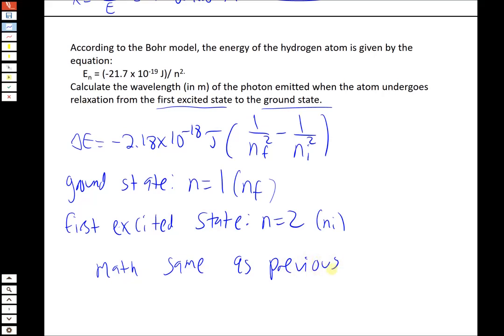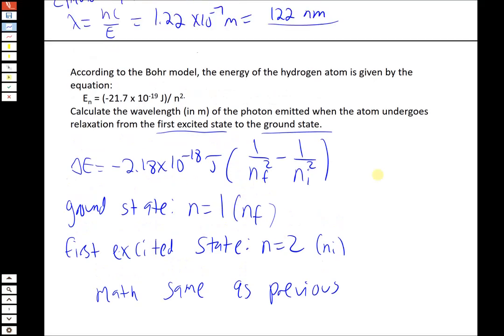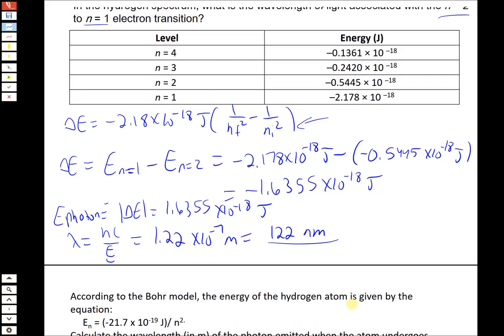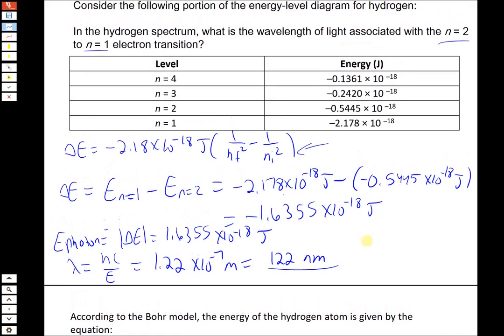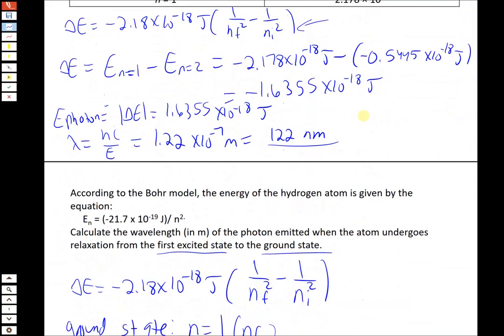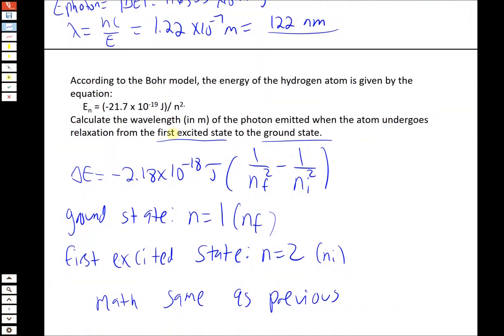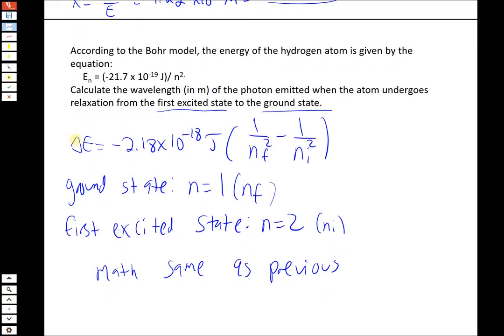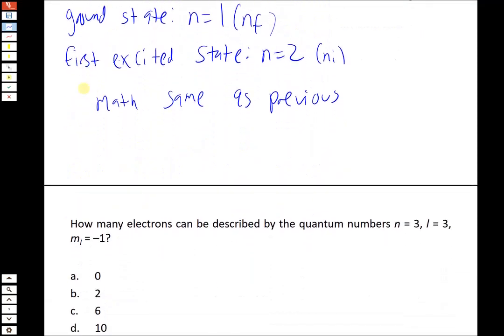But again, it's just making sure that we read the problem correctly and understand how the words in the problem translate to the numbers that we need for this equation. So this one was same story, right? We're going from n equals 2 to n equals 1. So it's the same number, so I'm not going to go through it again. But we had to make sure we could read the question to get those numbers out.